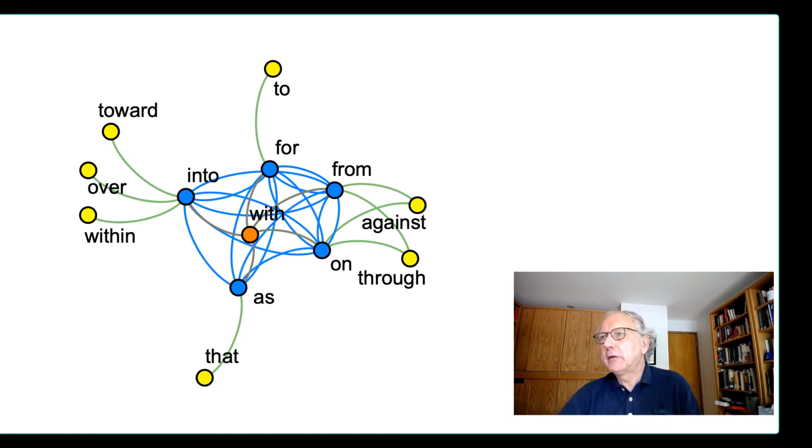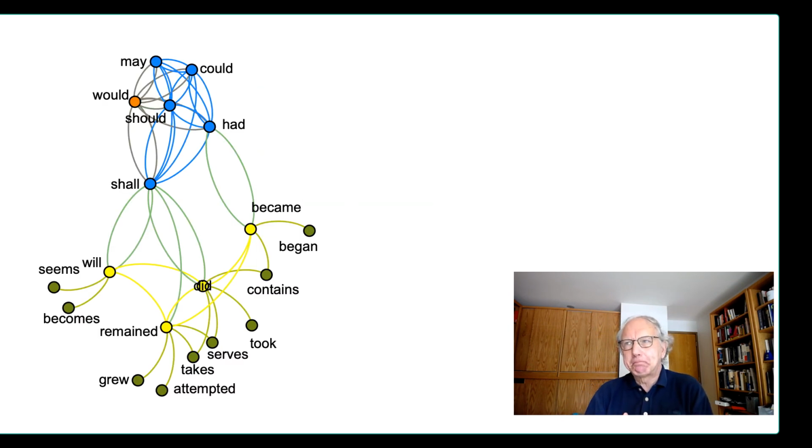To follow up on that, I've chosen a modal verb, would, as the seed. And we see something similar here. The blue, the 5 closest words to would. You can see I've experimented with a lot of different numbers for how many nearest neighbors to use.